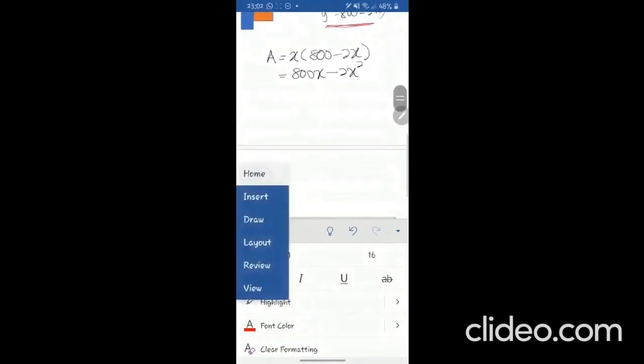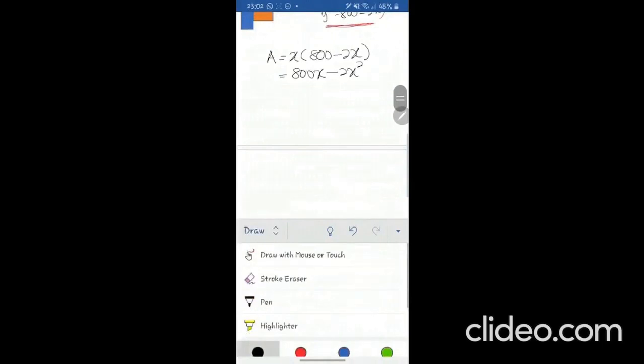So after that we need to maximize the area, and we need to differentiate this, dA over dx equal to 0.